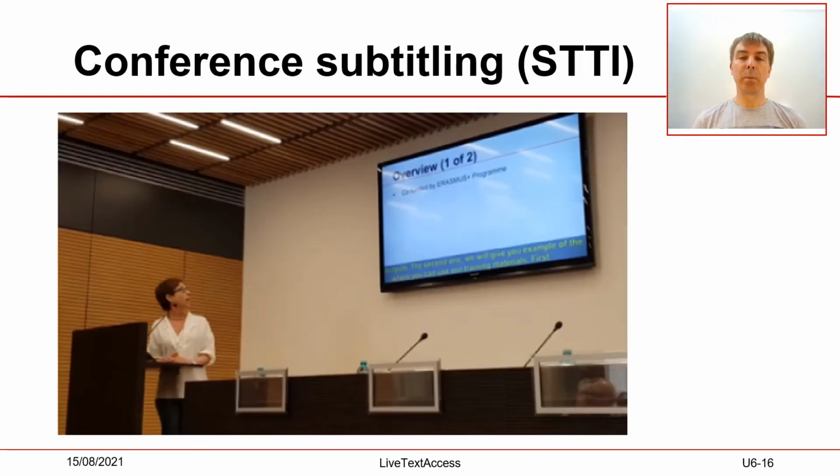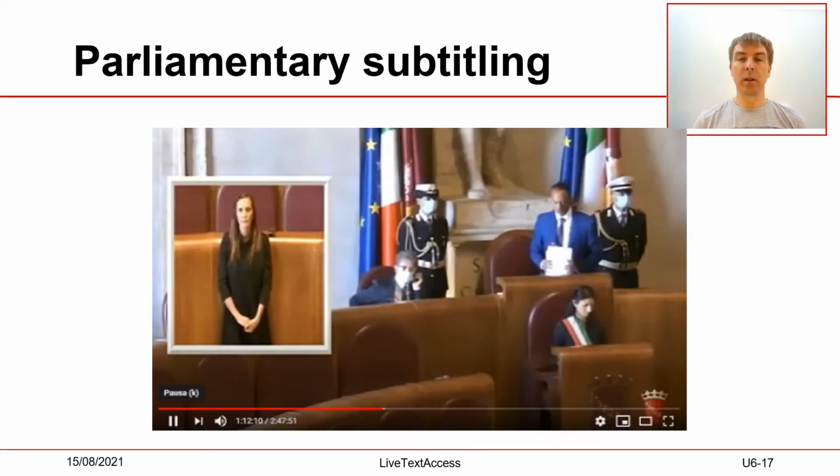This is an example of conference subtitling or speech-to-text interpreting. This is an example of parliamentary subtitling, not to be confused with parliamentary reporting, which is the transcript of what is said by MPs for a future access.